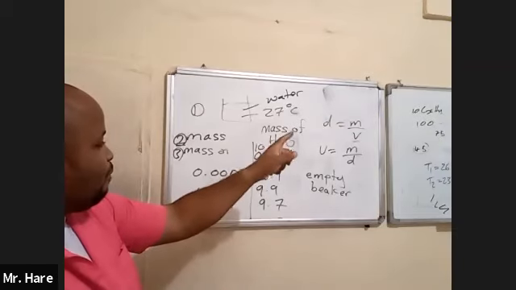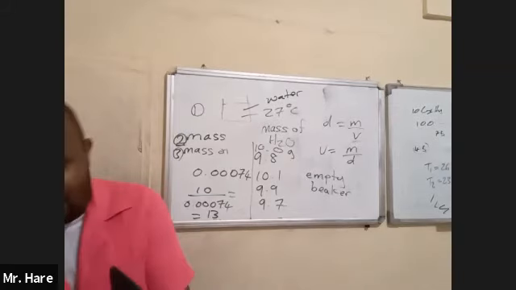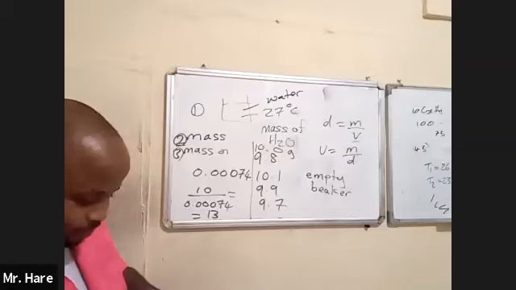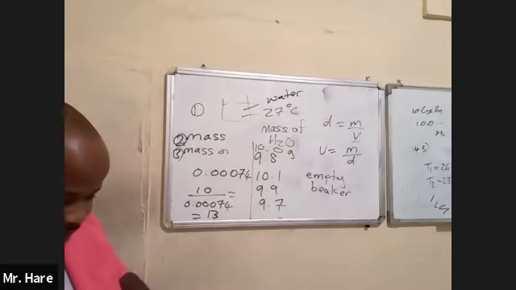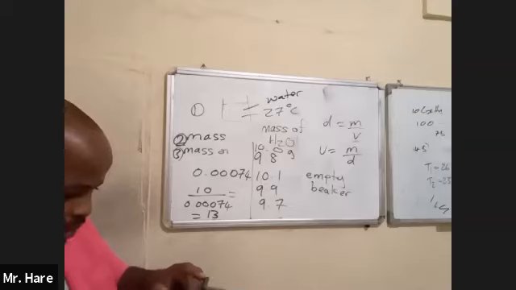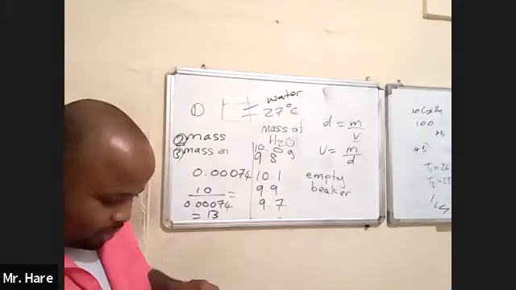Density is mass over volume, volume is mass over density. Give me a second, I want to show you an accurate calculation. Let me just Google it quickly.